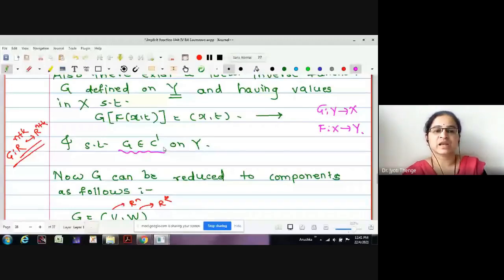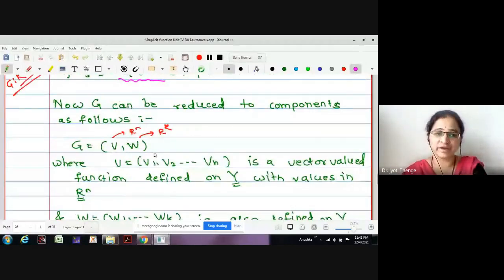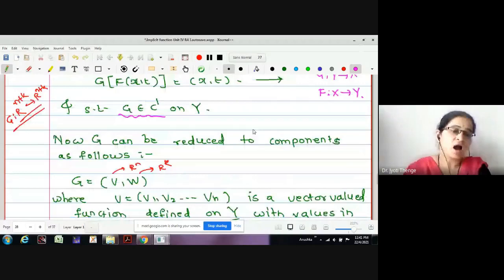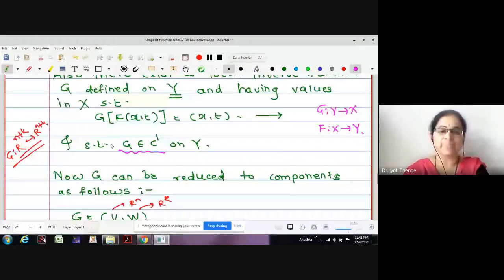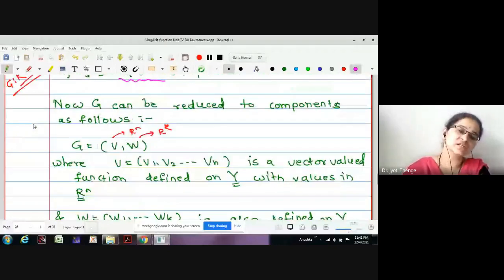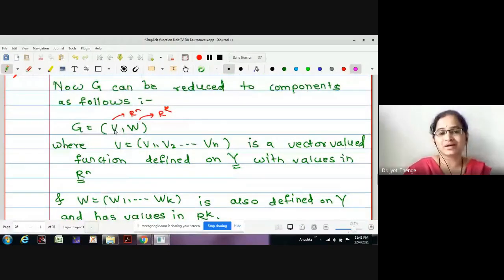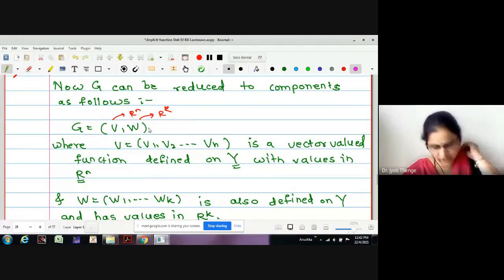Now, capital G is a function we have defined from R^(n+k) to R^(n+k). Therefore, in order to understand the behavior of the components, we will write G in terms of two different components. One is a vector valued function V in R^n, and another vector valued function W is in R^k.